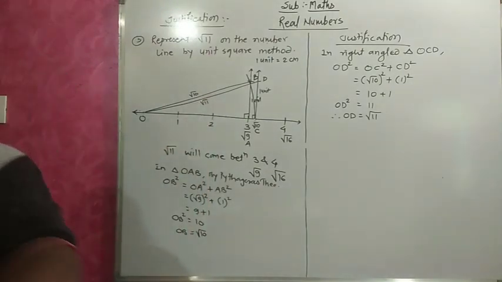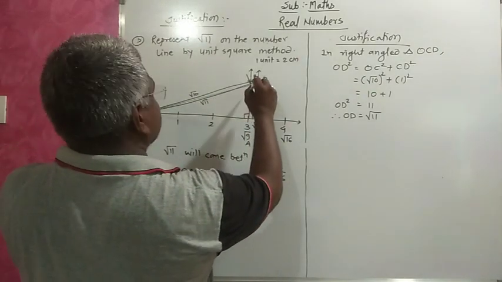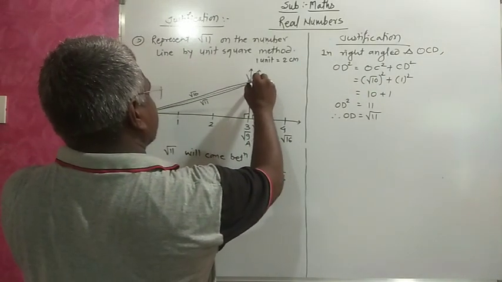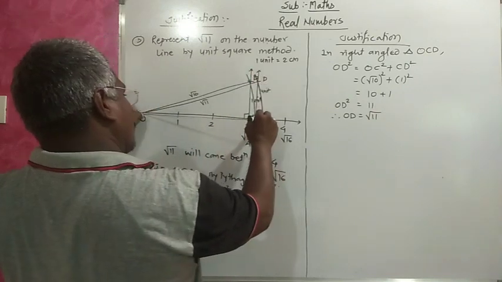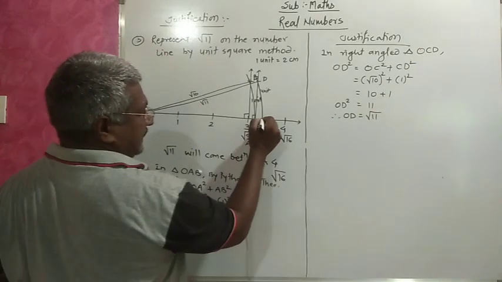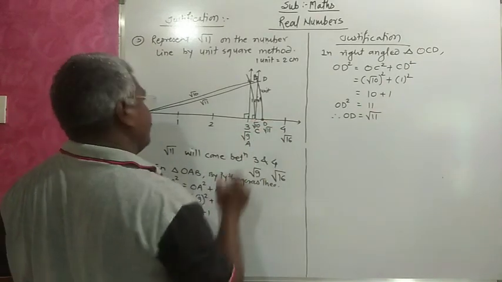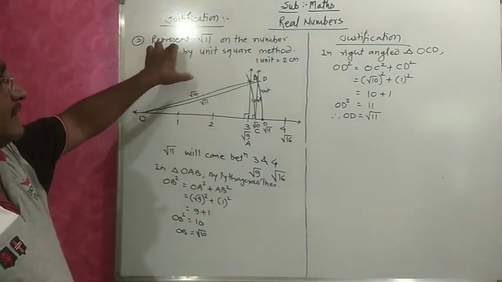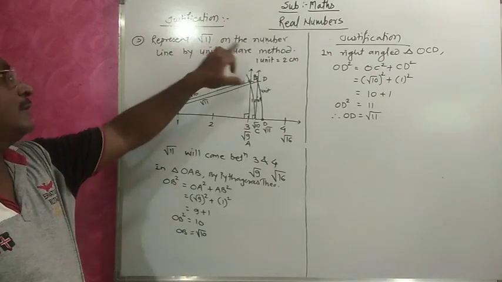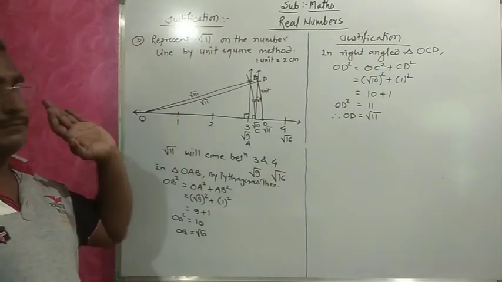So take the OD distance in a compass and mark on the number line. Wherever it is intersecting, that point is root 11. So this is the representation of root 11 on the number line by the unit square method.